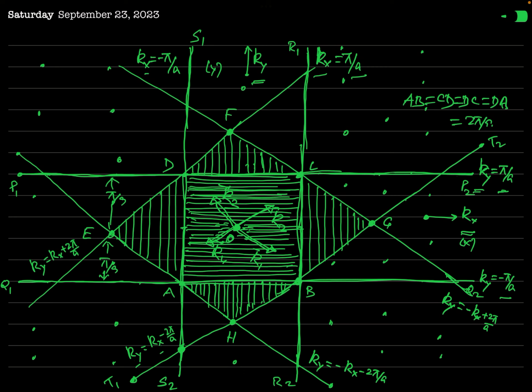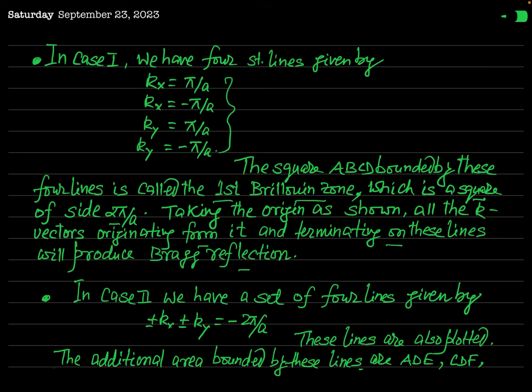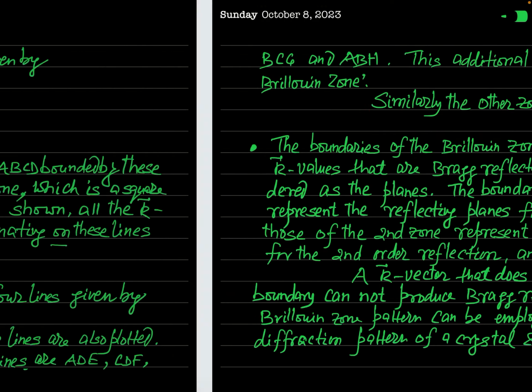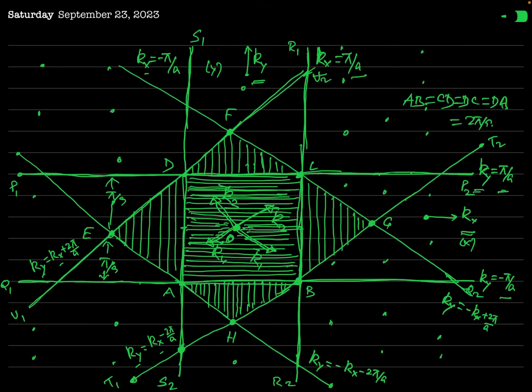Okay. Similarly, this straight line, let us say U1, U2, is represented by the equation kappa y equal to kappa x plus 2 pi by a. Its intercept on the kappa y axis is this much. See here, this distance is actually 2 pi by a.